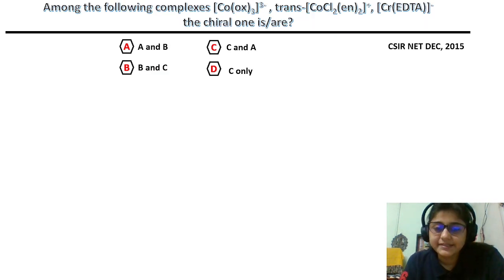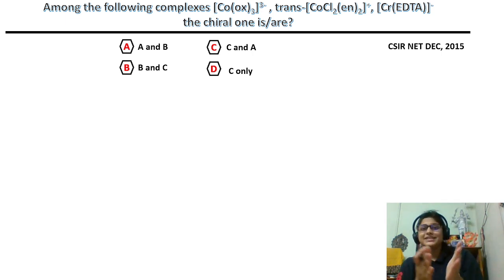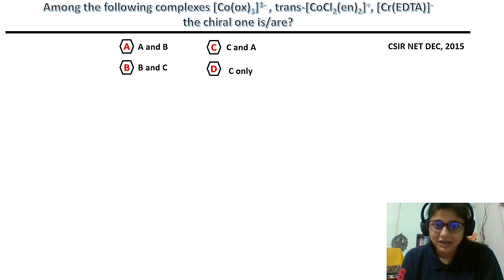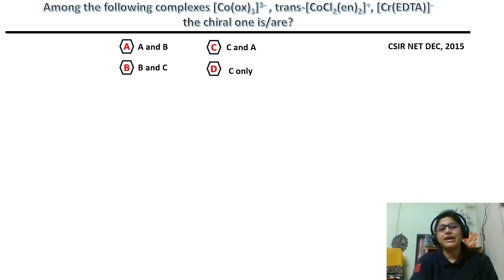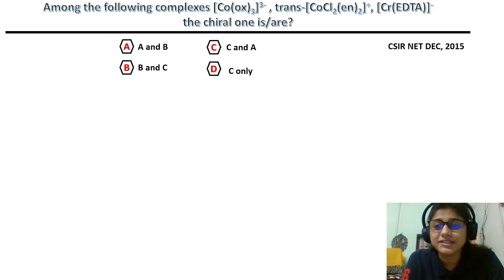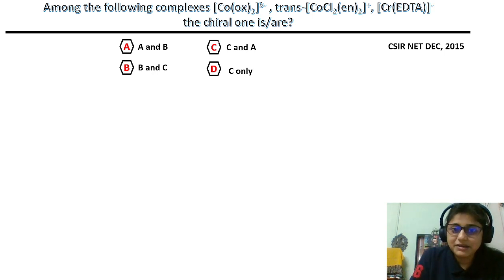Among the following complexes, Co(ox), ox means oxalato, trans Co(en). Okay, so you can understand here why I put the slide of the structures of various ligands in the previous video.